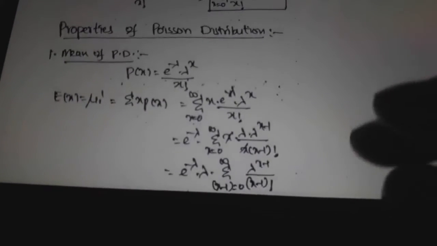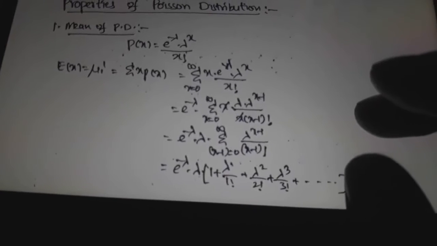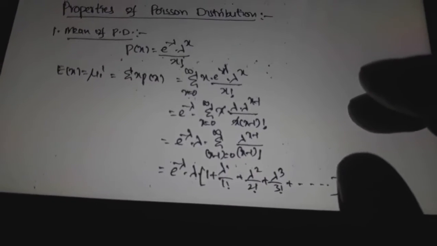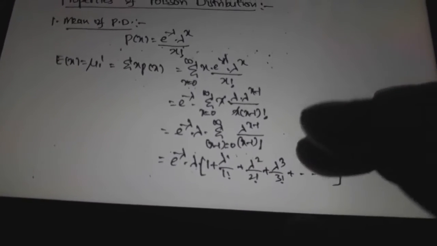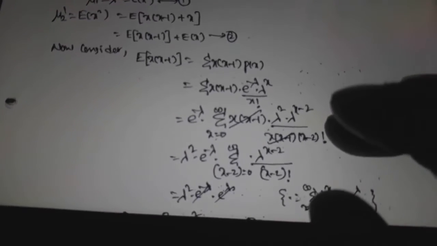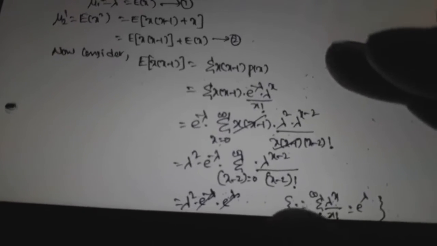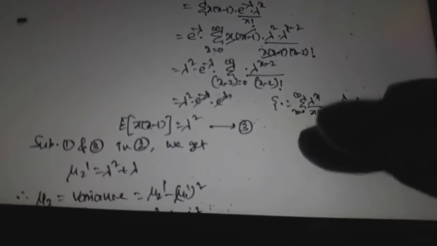So some properties are there. Mean of Poisson distribution: expectation of x is mu1 dash, summation x into p of x. Substitute and simplify, it gives lambda. Then variance is mu2, so mu2 dash minus mu1 dash whole square. Mu2 dash is derived here; this derivation you should do on your own.